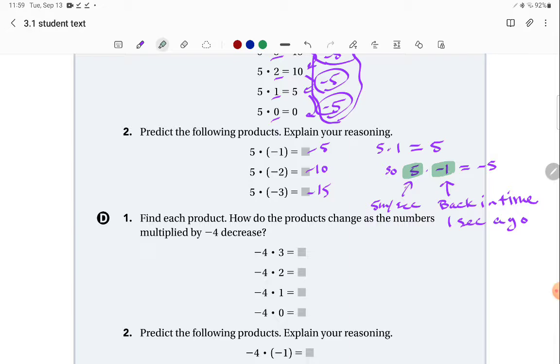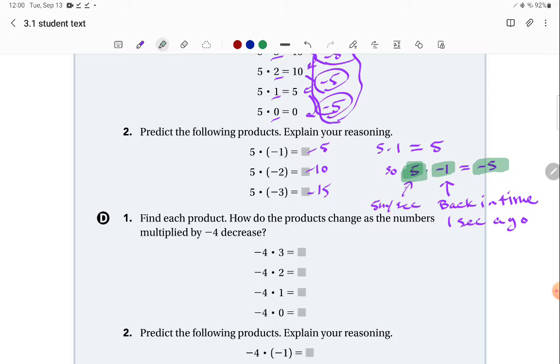So if we go back in time on a number line, if we're at 0, but we go back in time 1 second, and we know we're running at 5 meters per second, we're going to be at the -5 meter mark. Okay? So think about that number line, and if we go back in time, that means we're going back on the number line to the left of 0, so we know that our answer will be negative on that one.